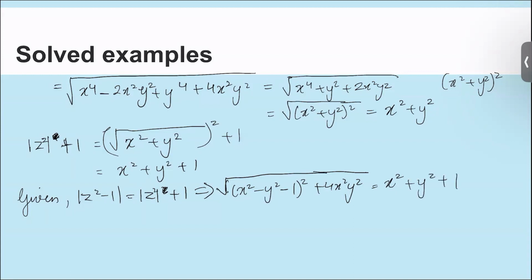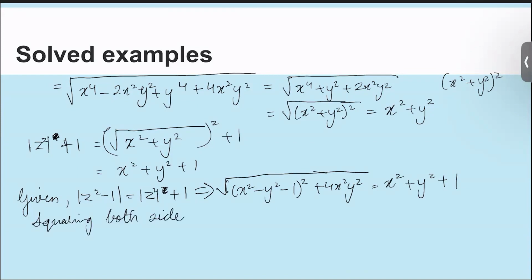Now if you square both sides, you get x squared minus y squared minus 1 the whole square plus 4x squared y squared is equal to x squared plus y squared plus 1 the whole square.